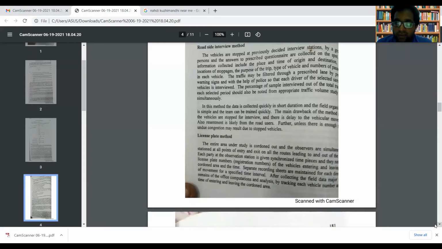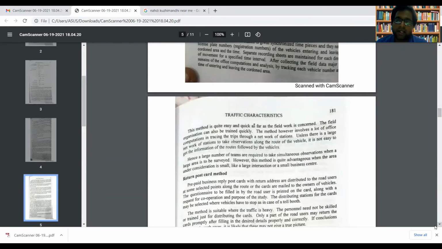They will use synchronized watches and they will note the license plate number of the vehicles entering and leaving the area. That will be noted down by the parties at the observation station. Now, for each direction of movement, separate recording sheets will be maintained.